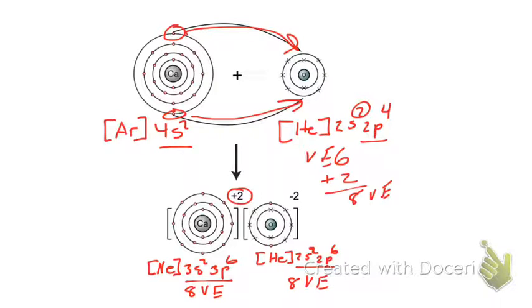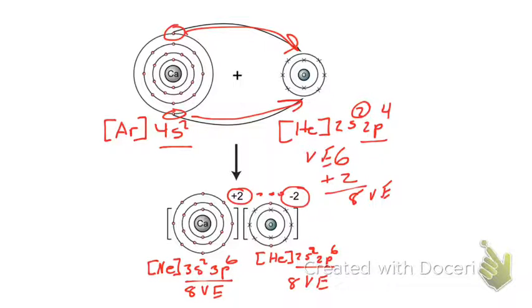But its trade-off is that it has become a -2 charged ion. In order for this whole situation to work, calcium and oxygen are going to form an ionic bond between these oppositely charged, positive and negative ions. And that's kind of how it looks.